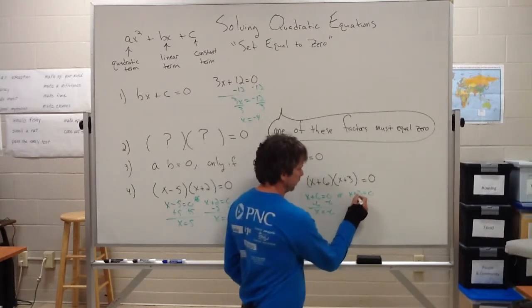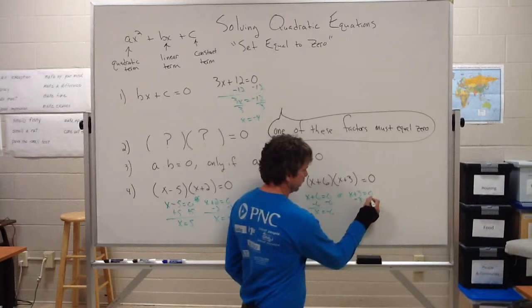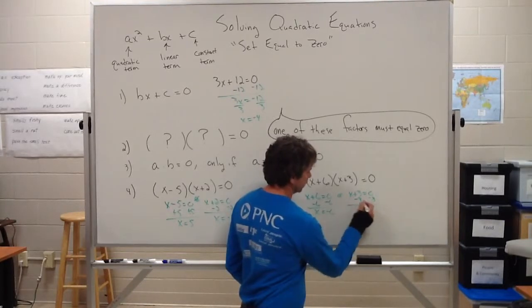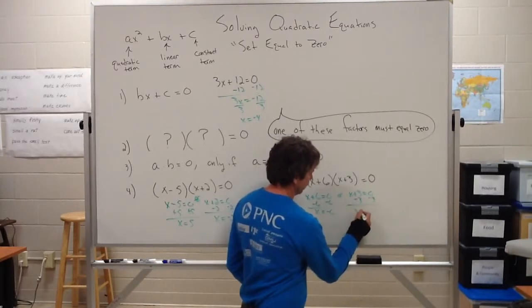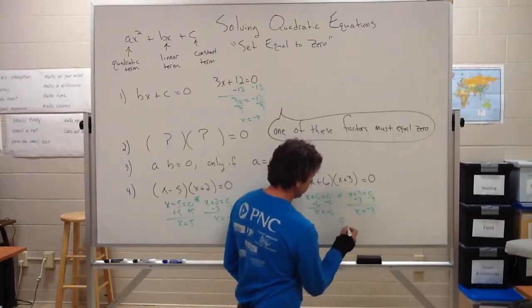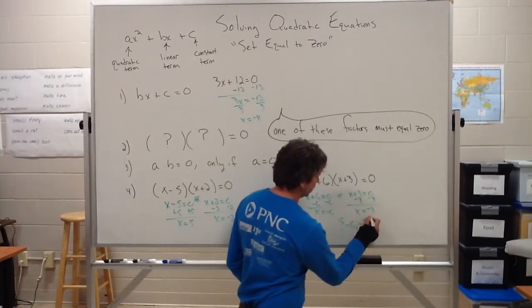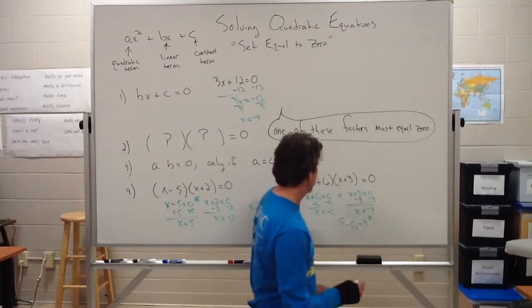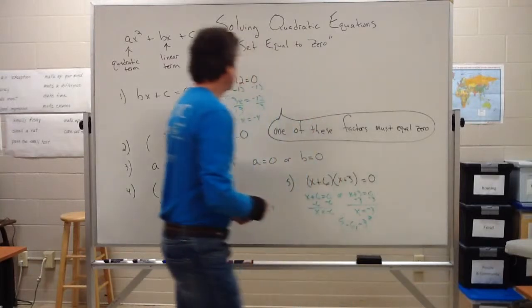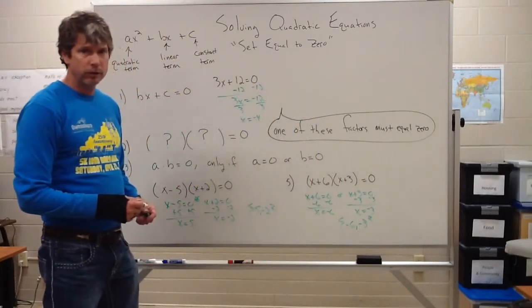What makes this 0? Again, if we want to zero it out, negative 3 there, negative 3 over there. Those will zero out. X equals negative 3. So our solution set would be indeed negative 6 and negative 3. So stay tuned for a few more examples.